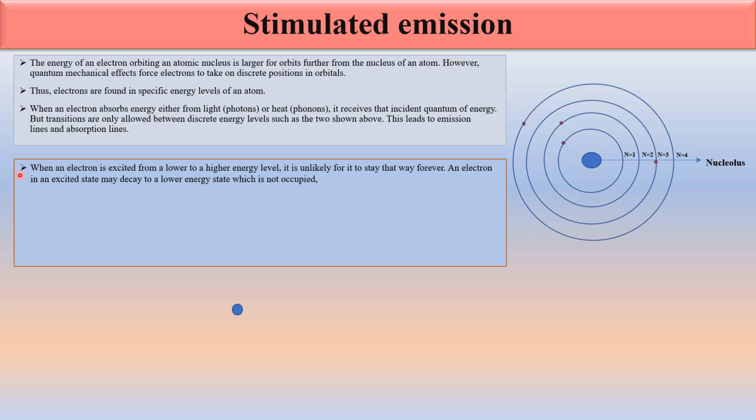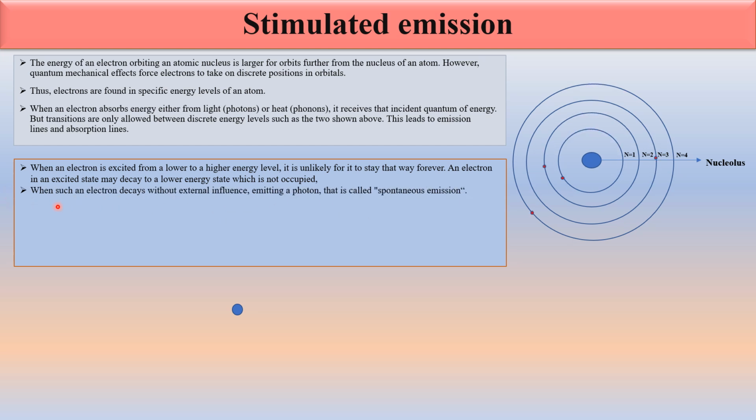When an electron is excited from a lower to a higher energy level, it is unlikely for it to stay there forever. It means when the electron moves from a lower energy state to a higher energy state by absorbing some external energy, it is not going to stay at the higher energy level forever. It just comes down to the lower energy level after emitting a photon.